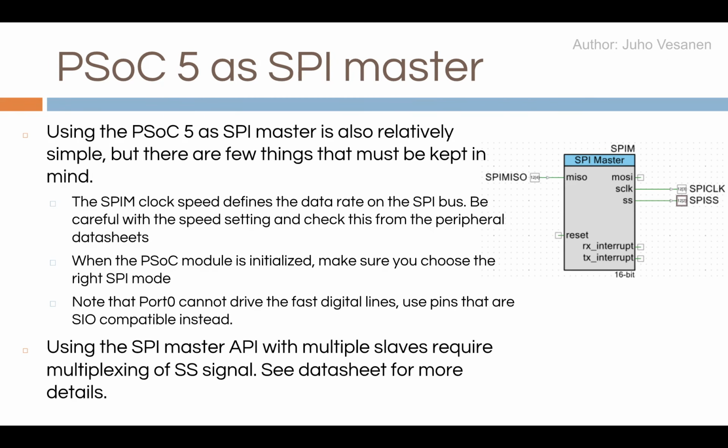Okay, PSoC5, of course, you're most commonly using as an SPI master, quite straightforward. So there are the SPI MISO signal, the SPI clock signal, and the SPI slave select signal. If you have several devices, then you can use the slave select signal with a multiplexer to access more than one device.